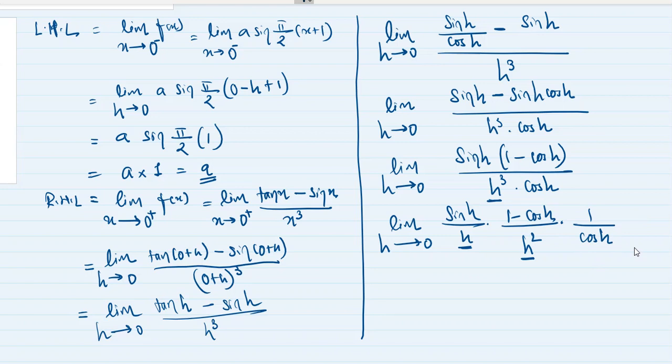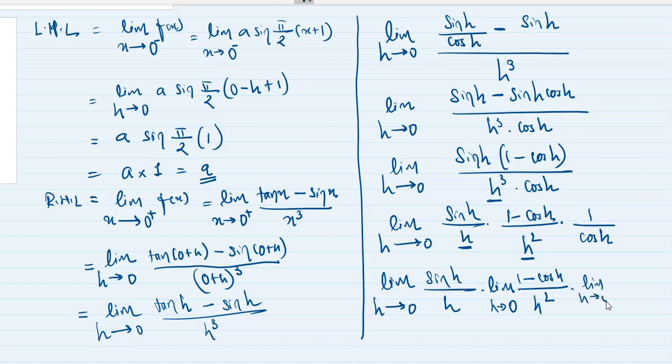Now we are going to separate these terms. So we are going to separate all the limits. How? Limit h tends to 0 of sin h upon h, multiplied by limit h tends to 0 of 1 minus cos h upon h square, multiplied by limit h tends to 0 of 1 upon cos h.